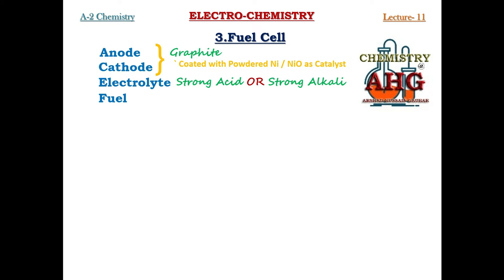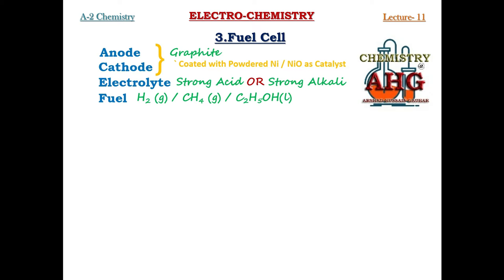Some examples you can remember. The most common example is hydrogen gas, a common fuel used in the fuel cell. Methane gas can be used, and you can also remember one liquid fuel, ethanol. So these are examples of fuels that can be used in a fuel cell for the production of voltage or electrical energy. So this is the composition that you must remember.